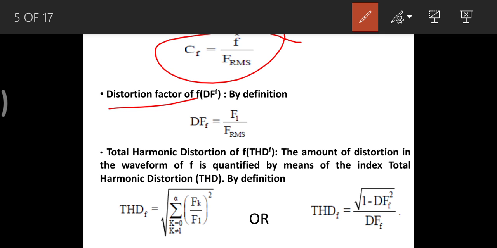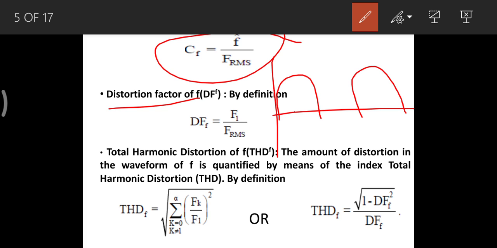Next, distortion factor. It is defined as DF. What this distortion factor expresses is how much of the output wave is disturbed because of our circuit. Suppose we consider this is the output we have to get by using half wave. That means we are getting only positive half cycles. If you compare this with the original output, there is some disturbance.